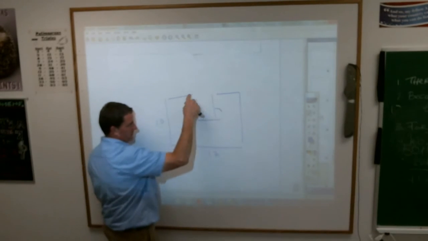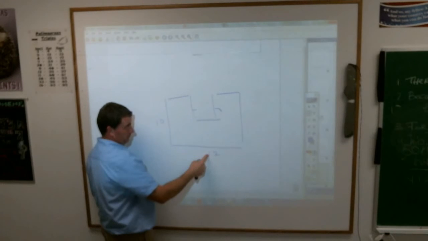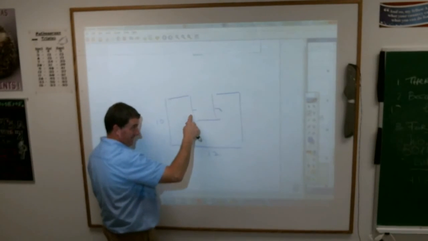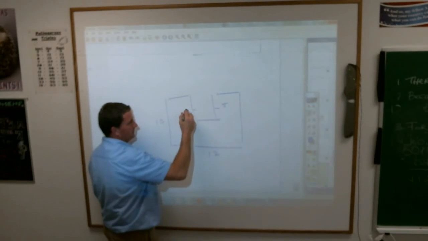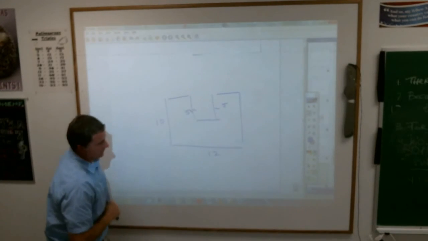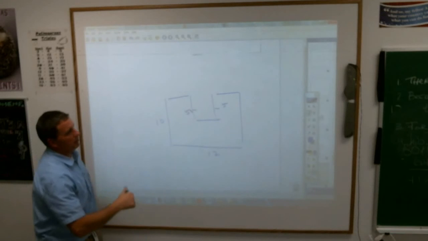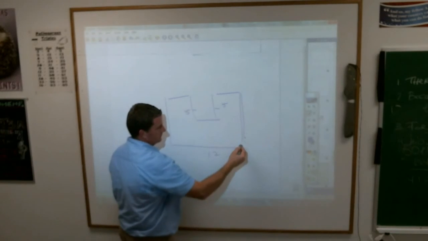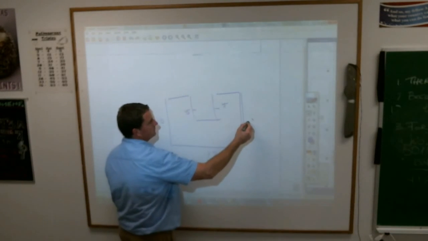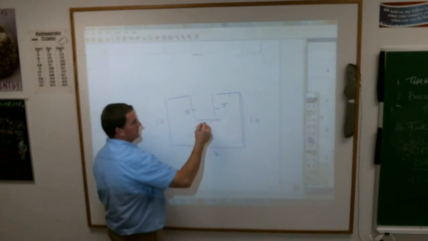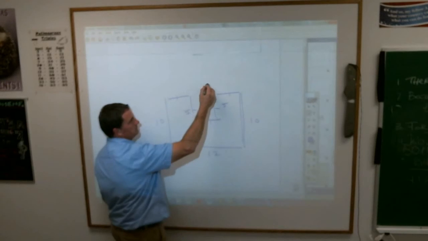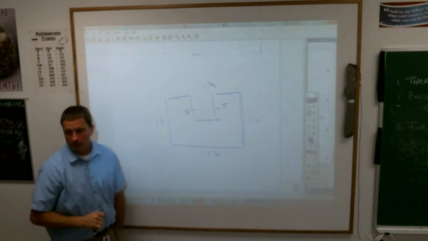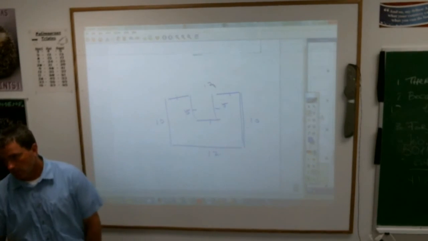Because you know, this plus this gives you 12. Okay, but you don't know how deep that is. They'll have to tell you. Let's say both of those are 5. Is that enough information to get you there? Yes. How long is this side over here? 10. And you know this plus this is 12. So you can add all that together. Got it.